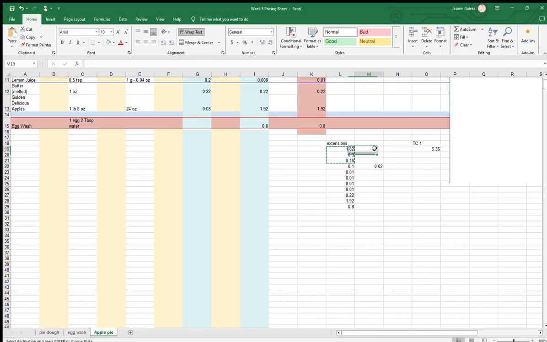Control C, Control V, Control C, Control V. Extensions 1, extensions 2. Alrighty, total cost 2 is going to be with the AP flour.